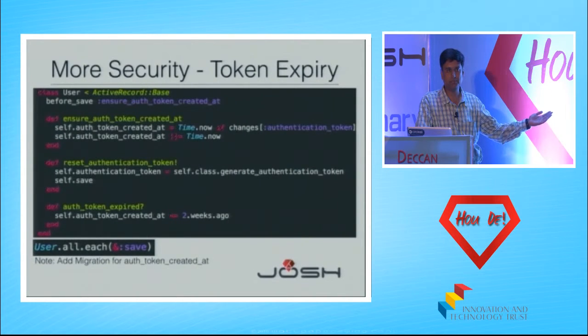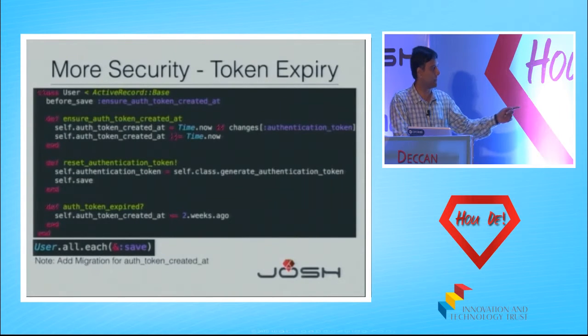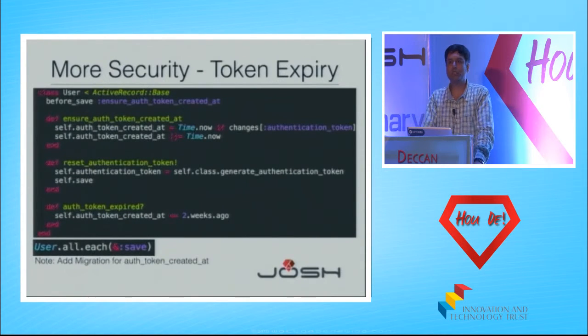If you have this in place, when the user asks for the token, you can just check whether it is expired or not. If it is expired, you can either regenerate it if the user is authenticated or just decline the call. I'll walk you through an example on how exactly this is done, so that this becomes more clear.